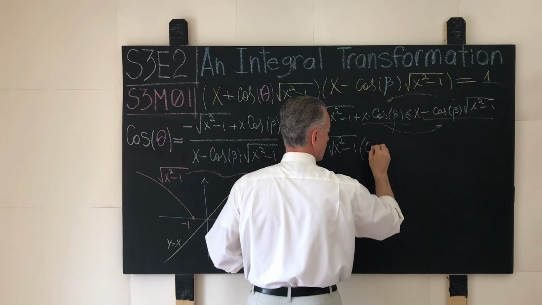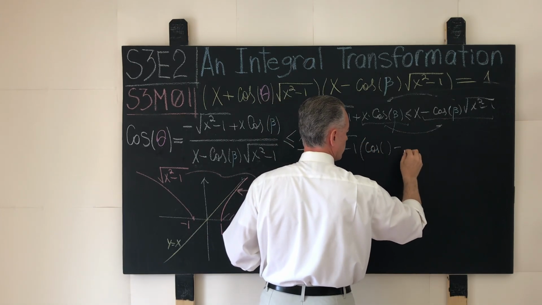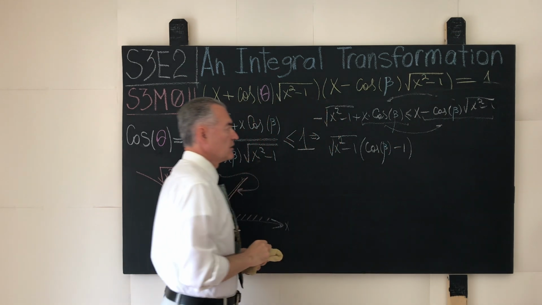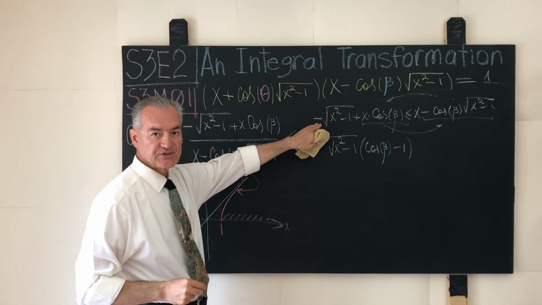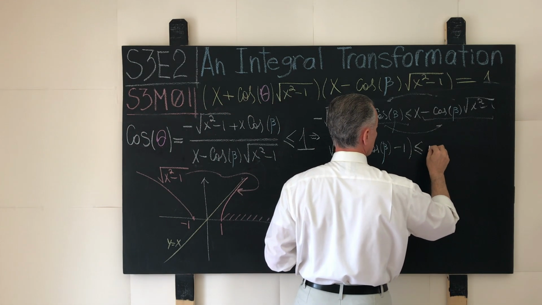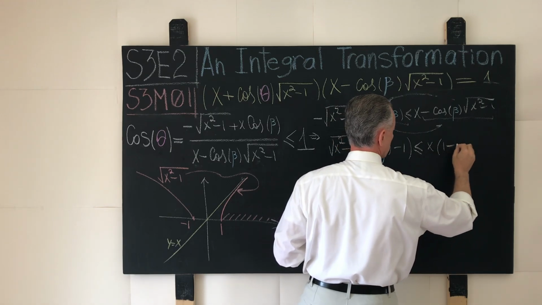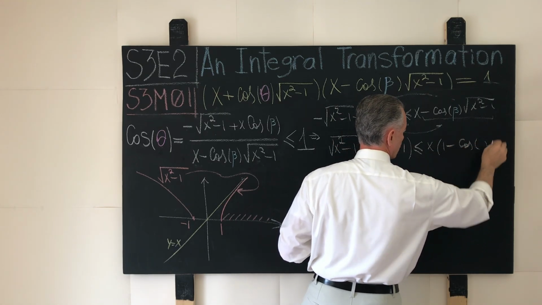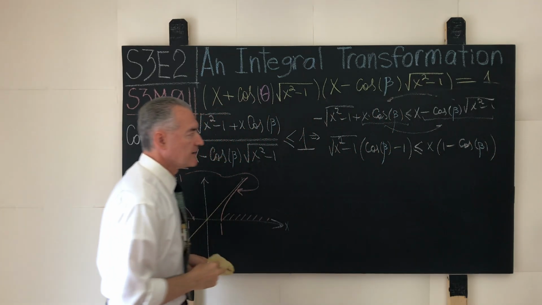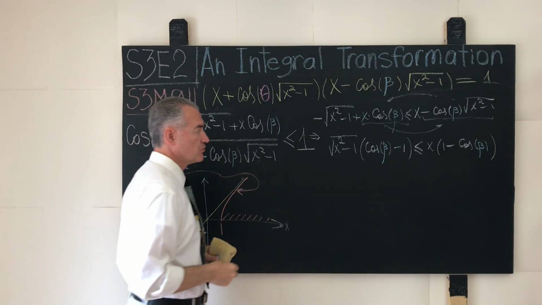It will be cosine of beta minus 1. This will be cosine of beta, right? Because this summand is with the negative sign. And then less than or equal to x times 1 minus cosine of beta. You see, this is what's happening.